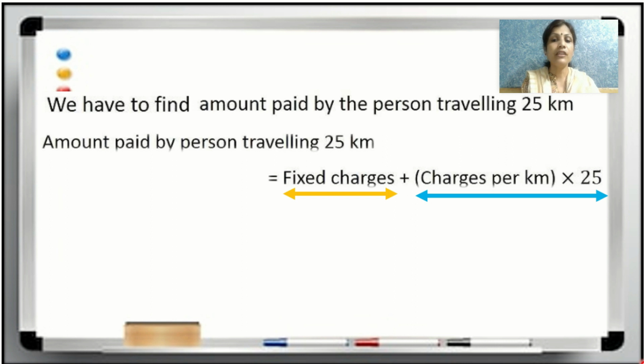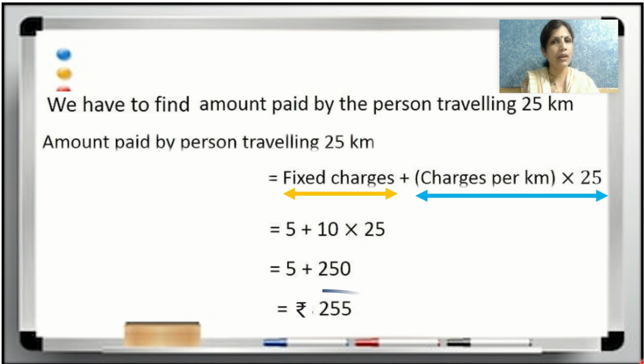The fixed charge we have calculated as 5, plus the charge per kilometer is 10, and the kilometers are 25. So 5 plus 250 is 255. So the person has to pay rupees 255.